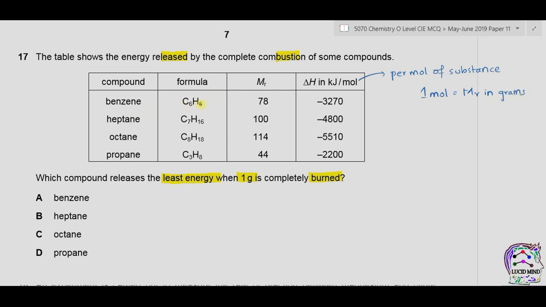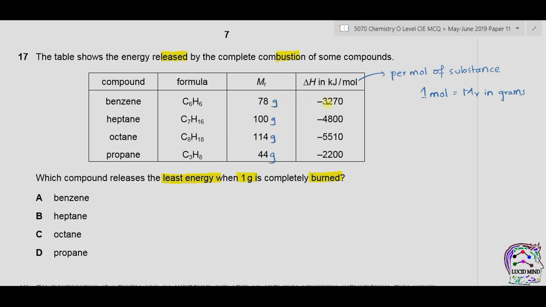So for benzene the molecular mass is 78, so 1 mole will be equal to 78 grams. Similarly for heptane we have 100, so 1 mole will be equal to 100 grams. Similarly it will be 114 grams for octane and 44 grams for propane.